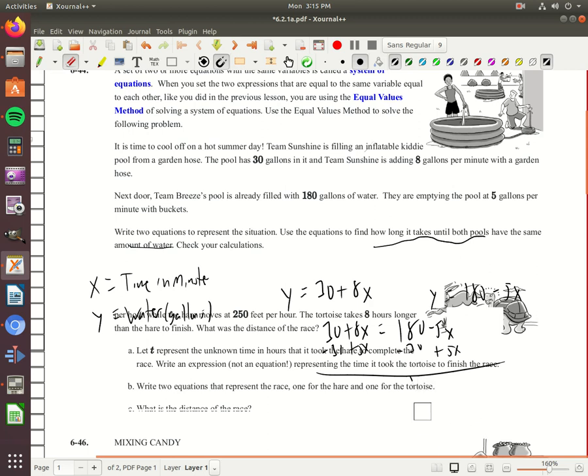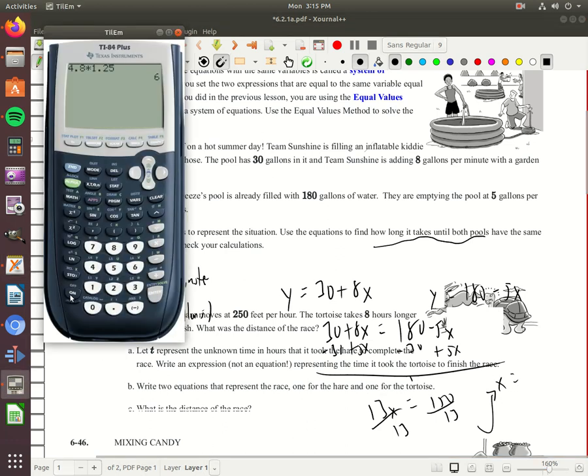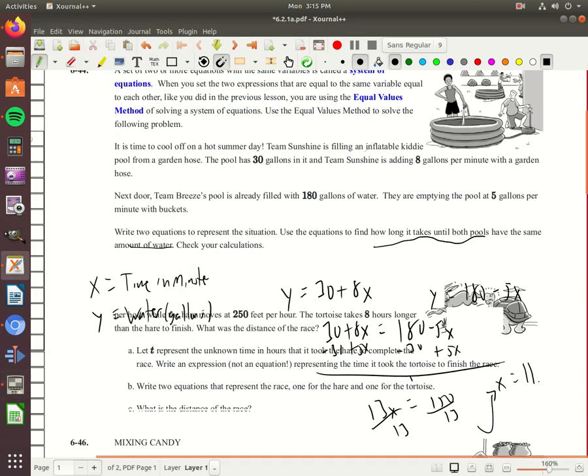So what we end up with down here, which is unfortunate that that erased, is 13x is equal to 150. So if I divide by 13, I apologize for that, so hopefully you all caught my error there. So x doesn't equal 10. x is going to equal 150 divided by 13, which is about 11.5 minutes.